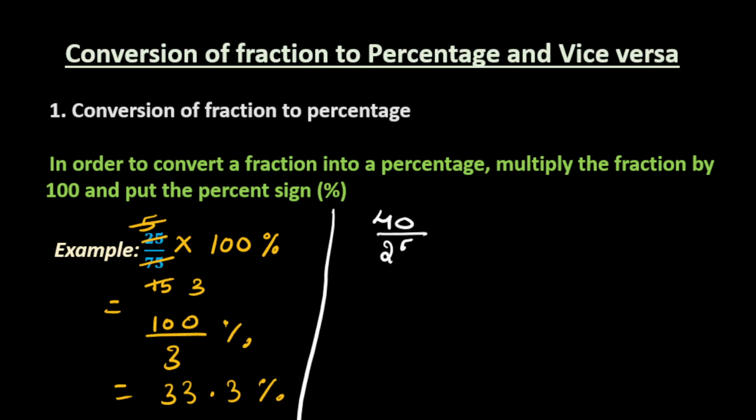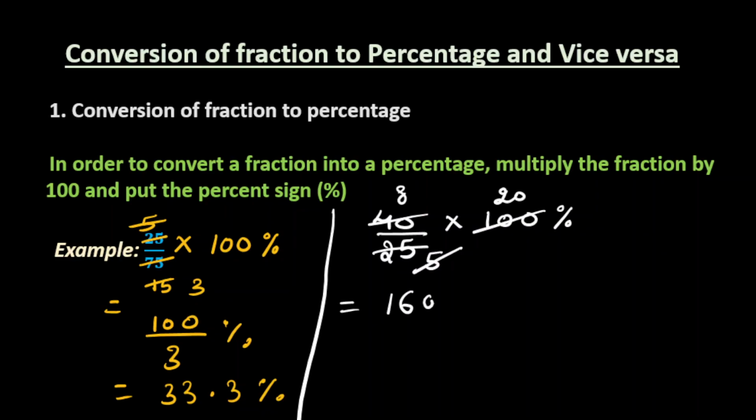One more we can do for better understanding: 40 by 25. This is a fraction. Let us convert this fraction into a percentage. Whenever we convert a fraction into a percentage, we just multiply it by 100 and put a percent symbol. Let's do cancellation here. 5 into 8 and 5 into 5. Now again cancellation, 5 into 20, 8 into 2 is 16, 10 we can write.